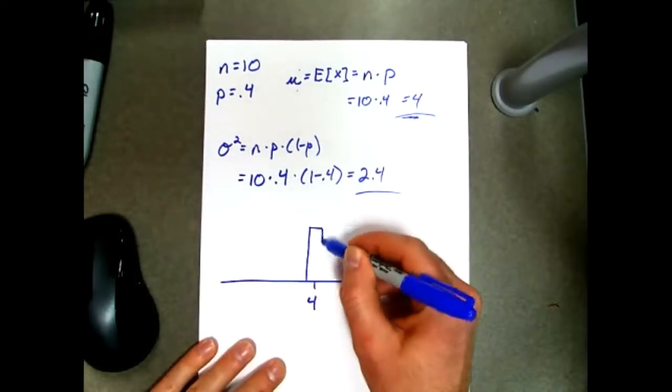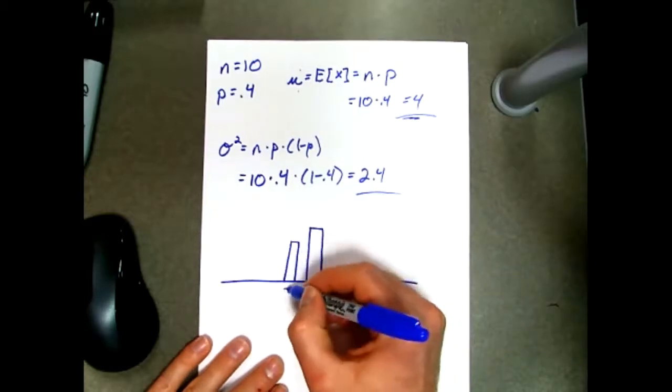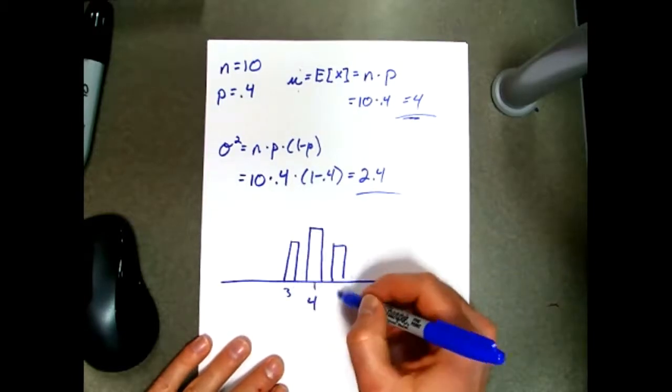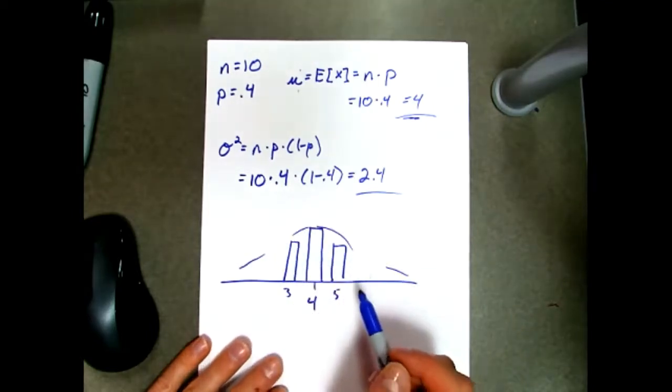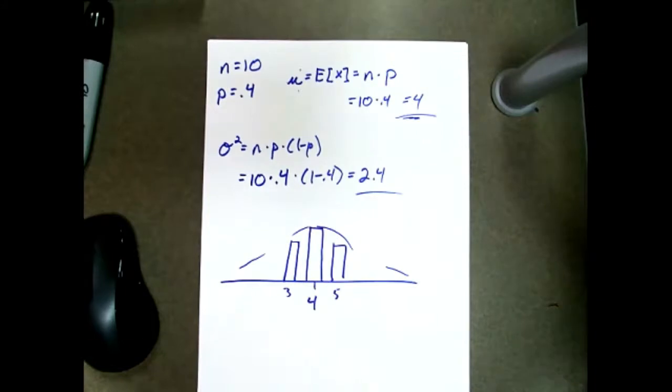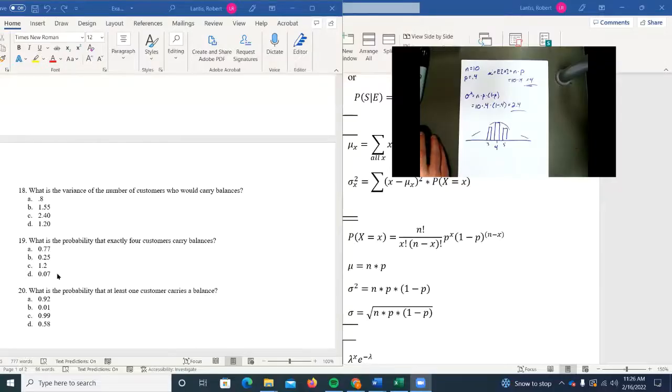And as we move further from that, the probabilities are going to decline. So if 4 is the most likely outcome, I would find it hard to believe that the most likely outcome only has a probability as high as 0.07. So I can probably rule out D there.